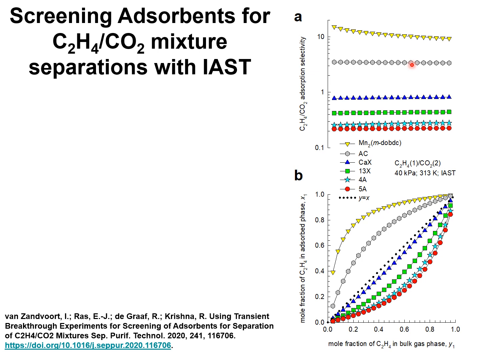Surprisingly, the second highest selectivity is achieved with activated carbon. The other adsorbents, such as calcium X, 13X zeolite, LTA-4A zeolite, and LTA-5A zeolite, are selective to CO2 and not to ethene, according to IAST calculations.